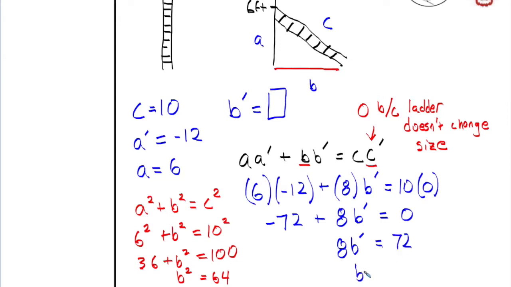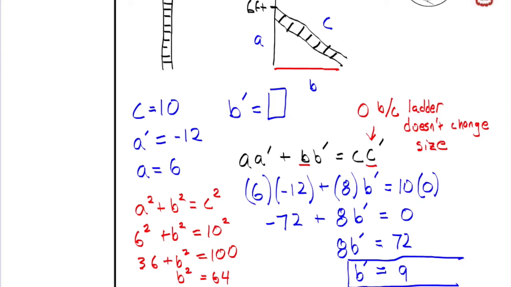And therefore B prime, the thing we were looking for, is what? 72 divided by 8, that's 9. Let's not complete my box yet because I'm forgetting something.